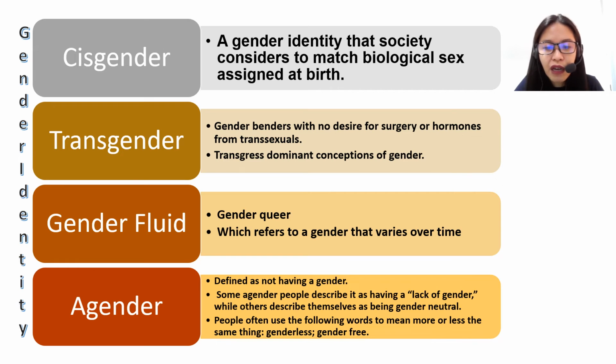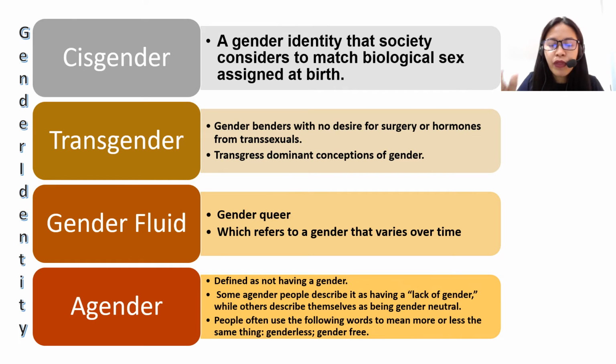And of course, we have agender. So it's not having a gender. We also have people who do not have a gender, because they lack, or they describe themselves as gender neutral or genderless, or they are gender free. So we call them agender.